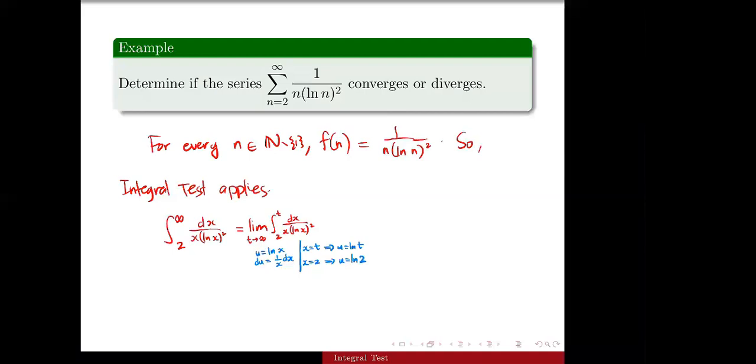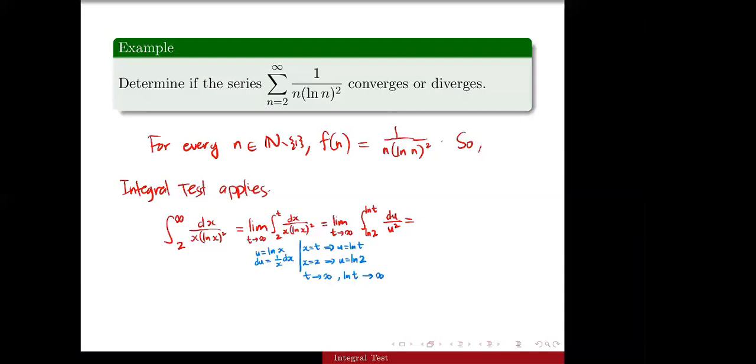And of course, as t approaches plus infinity, ln of t still approaches plus infinity. Which means you can just have the limit as t approaches plus infinity of the integral from ln of 2 to ln of t of du over u squared.